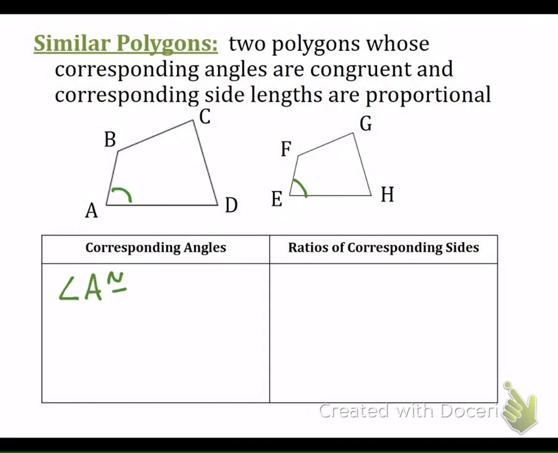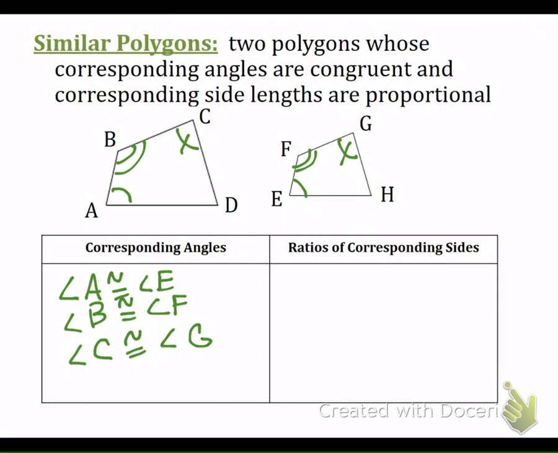So angle A is congruent to angle E. Angle B, congruent to angle F. Angle C is congruent to angle G. And angle D is congruent to angle H.